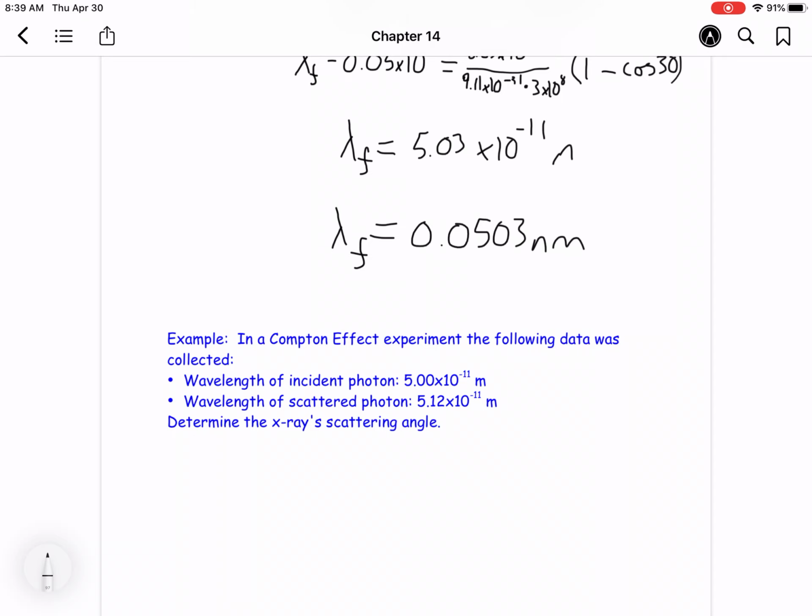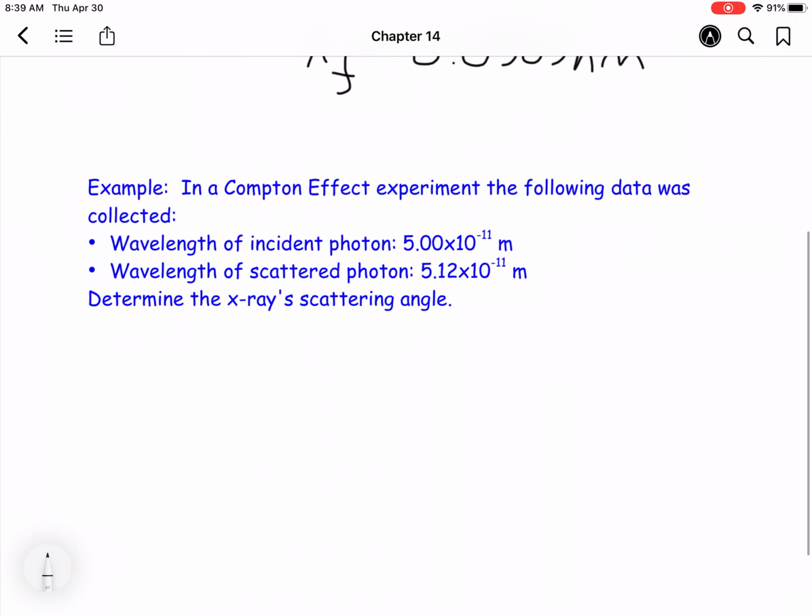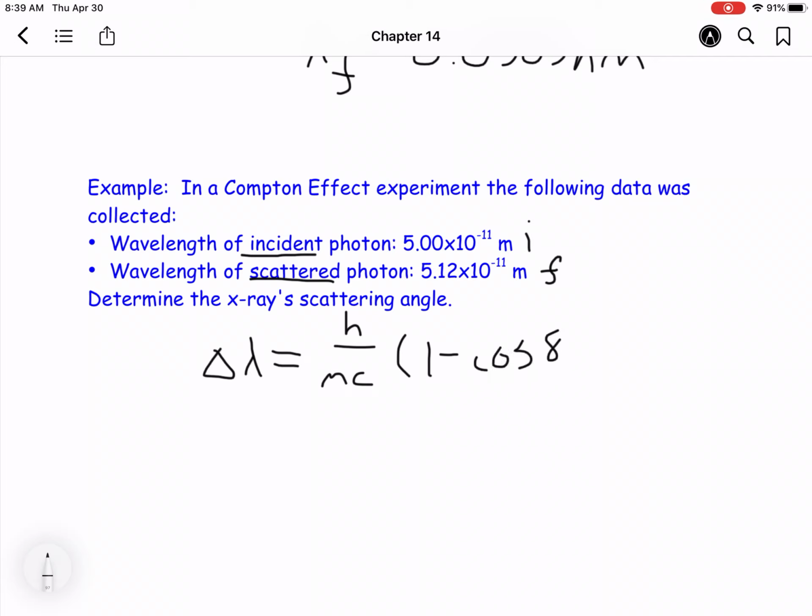All right, so in the Compton effect experiment, the following data was also collected. So we can also do it this way. We're given this, so same idea. We're going to start with that first equation. The scattered wavelength is the final, and this is the initial, and this is going to be H over MC times 1 minus cos theta, not eta, theta.